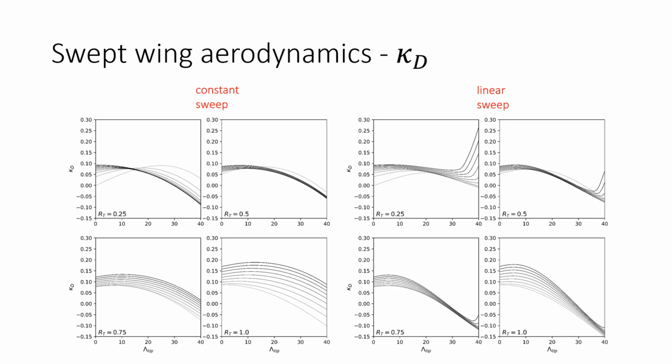So the darkest are aspect ratio 20, the lightest are aspect ratio 4. And then we have these different quadrants for the different taper ratios. And so we see that the induced drag changes, obviously, for all these different wings. You see that it decreases with increasing sweep. But we'll find a good comparison between constant sweep and linear sweep in the next few slides.